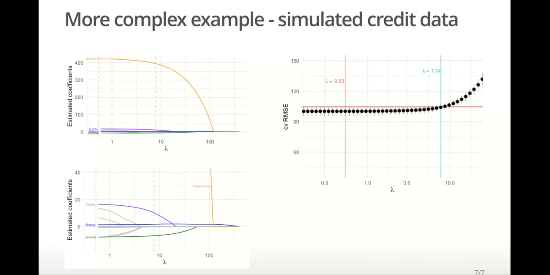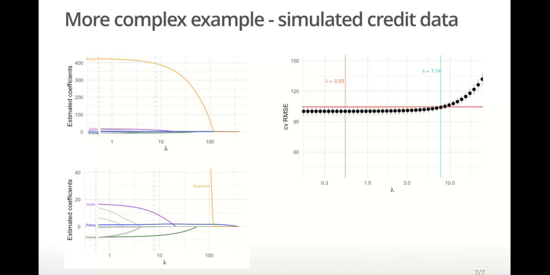Both graphs on the left are like the graph in the lower right on the previous slide. They show the estimated coefficients from the Lasso for various values of lambda. The one on the bottom is zoomed into a smaller range of values on the y-axis to show the details more clearly, but in doing that, we lose view of the student variable. In general, we see that as lambda increases, more variables have estimated coefficients of 0.